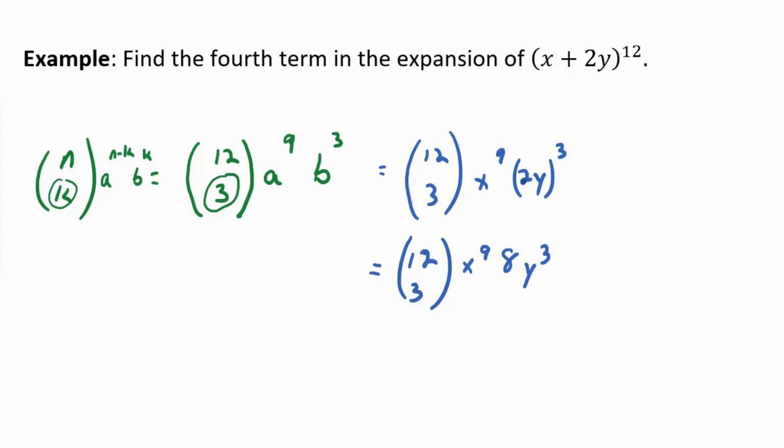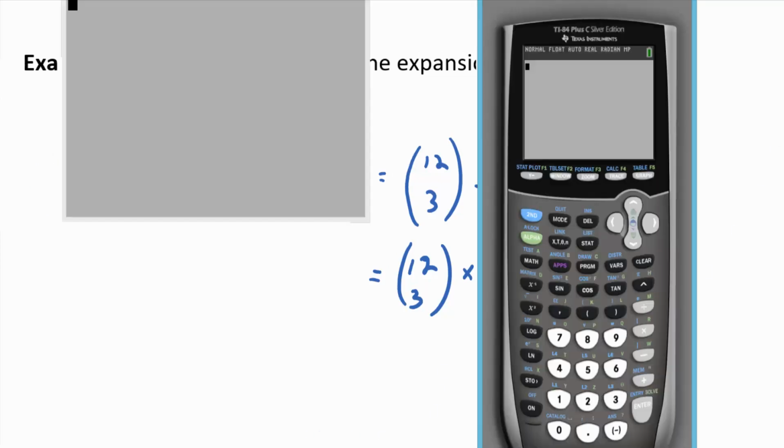8y cubed. Now, I don't really want to write down Pascal's triangle out to row 12, do you? I mean, you could. It wouldn't take that long. But I do want to show you how to do that on the calculator. On the calculator, the notation looks a little different. You're going to type in the 12 first, which makes sense.